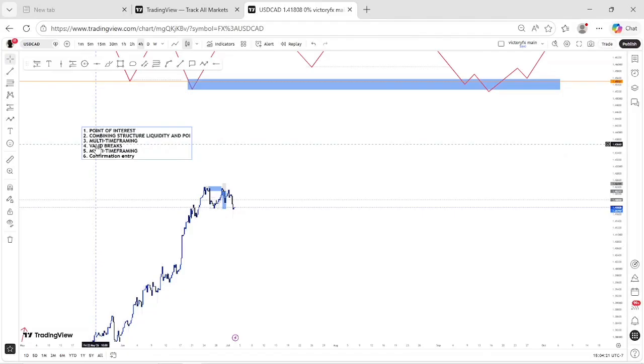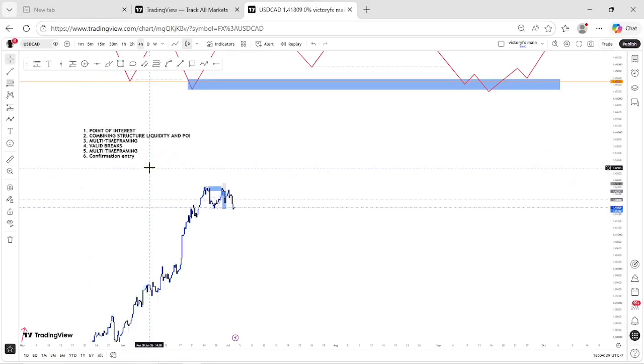Valid time, multi-time framing: daily time frame for your buyers, 4 hours for your market structure shift, 1 hour, 2 hours, 4 hours for your setups, and then 15 minutes for your confirmation. Confirmation entry, your two-factor authentication. Either it breaks a single swing point.